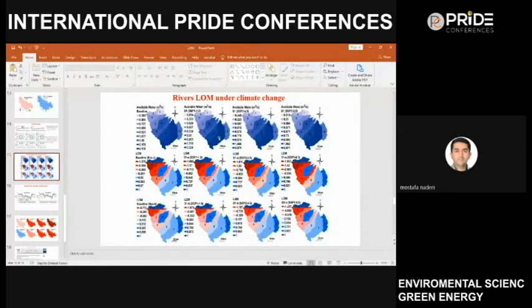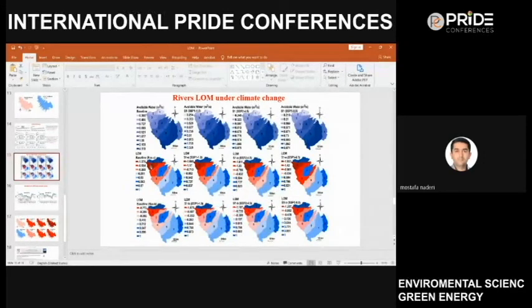Consequently, assessing the effect of climate change on river flow shows that the available water will decrease in the future due to climate change, in which climate change reduced precipitation and increased temperature. As the precipitation decreases, the available water consequently decreases, and the LOM is expected to decrease.